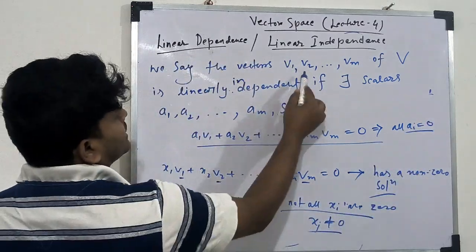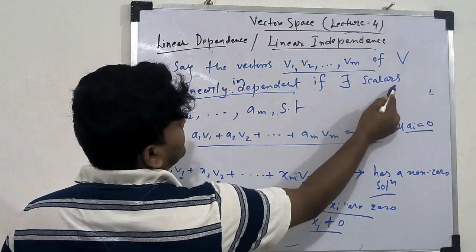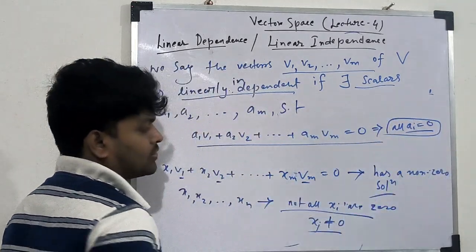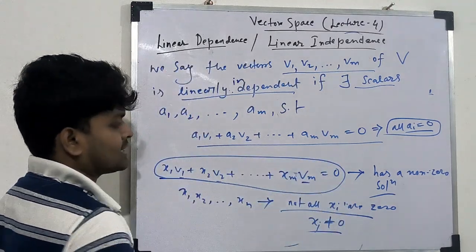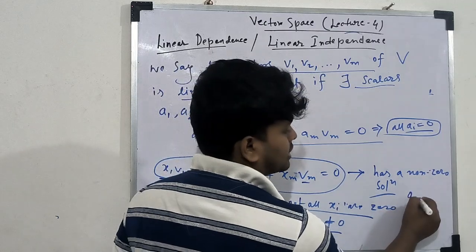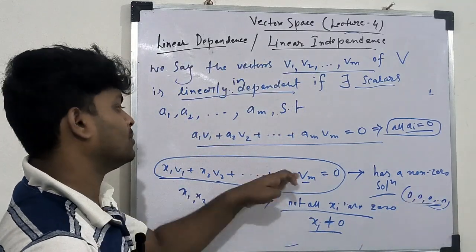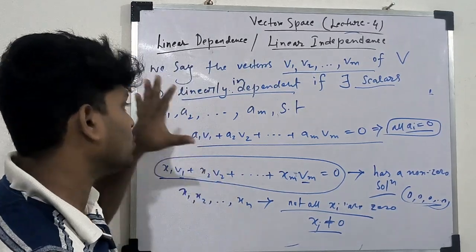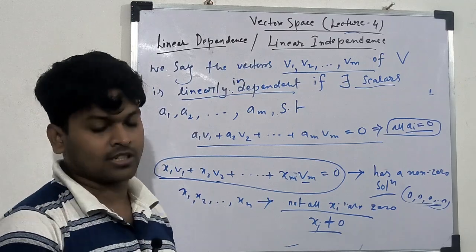So these vectors are said to be linearly independent if this implies all ai are 0. So if this equation has only the trivial solution, the 0 solution, then we say v1 v2 vm are linearly independent. So this is very important. With this concept we will solve many questions which we will discuss later.